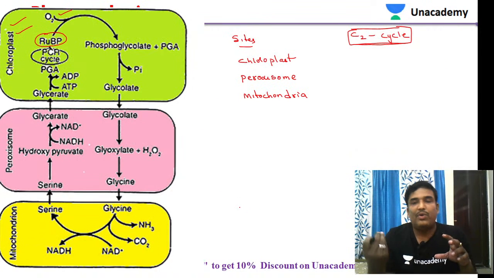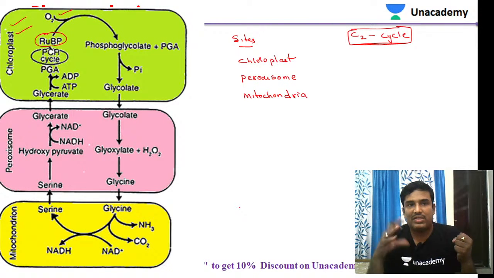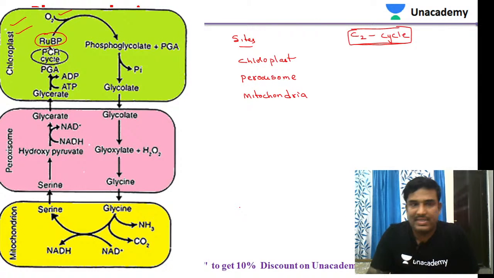Because of the low amount of carbon dioxide, the carboxylase enzyme becomes inactive, and due to the presence of a high amount of oxygen, the oxygenase enzyme will be active. When the oxygenase enzyme is active, RuBP, ribulose 1,5 bisphosphate, is converted into 1 molecule of phosphoglycolate and 1 molecule of phosphoglyceric acid.